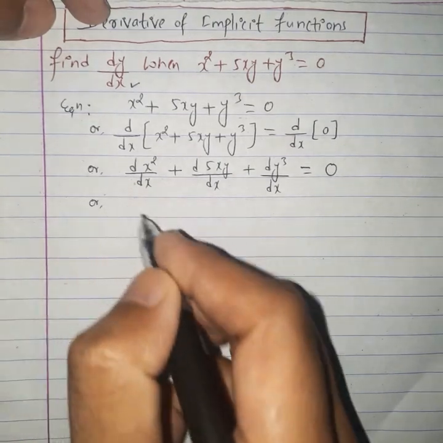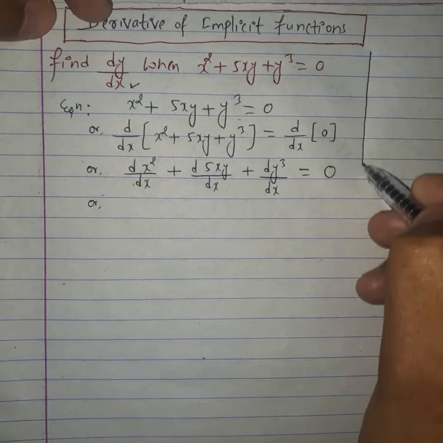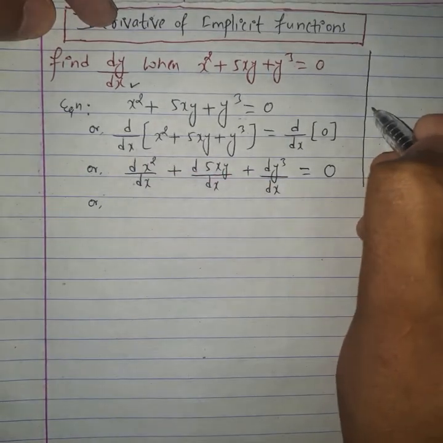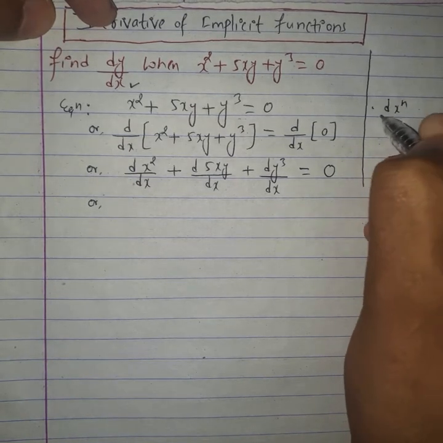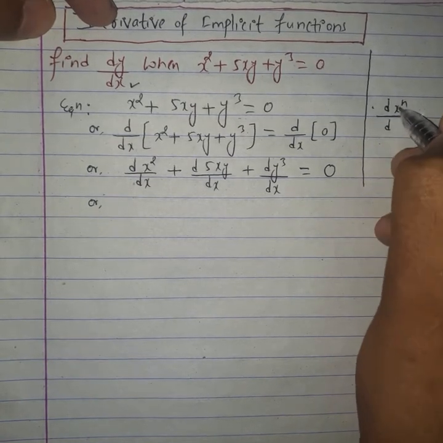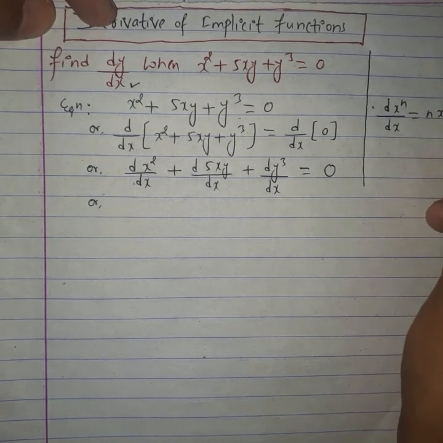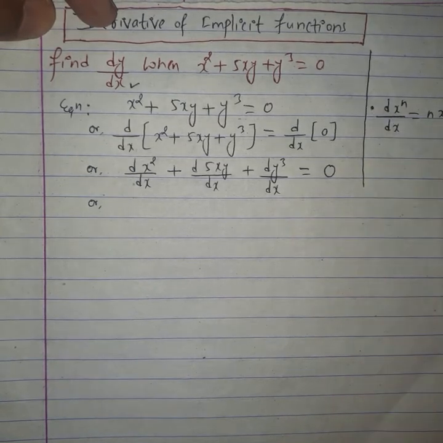Here we can use the formula. Let me write the formula here: the derivative of x raised to the power of n with respect to the same x is always equal to n times x raised to the power n minus 1. Please memorize this very important formula on the derivative.